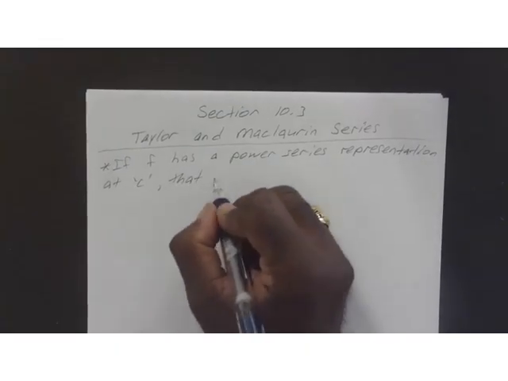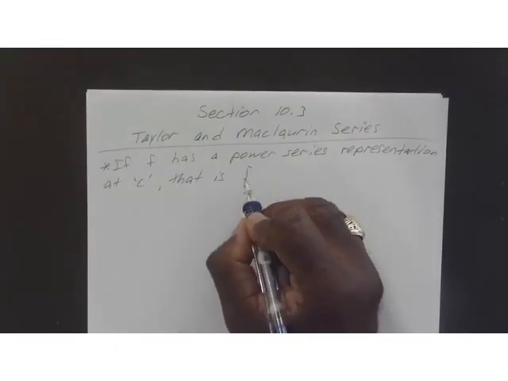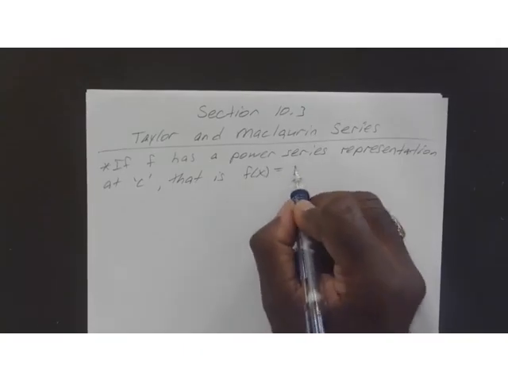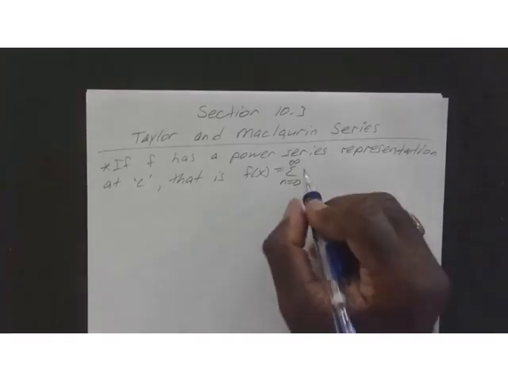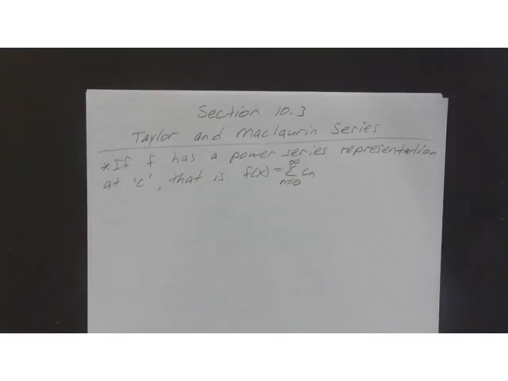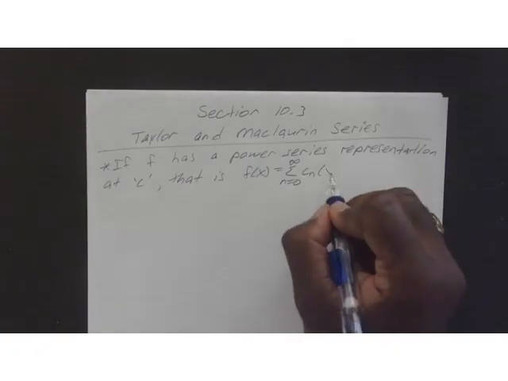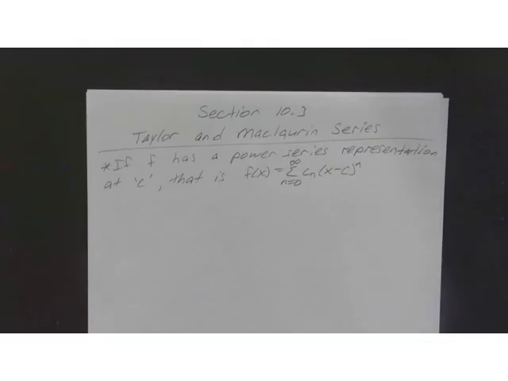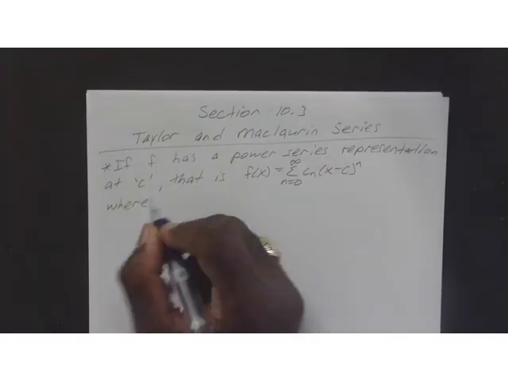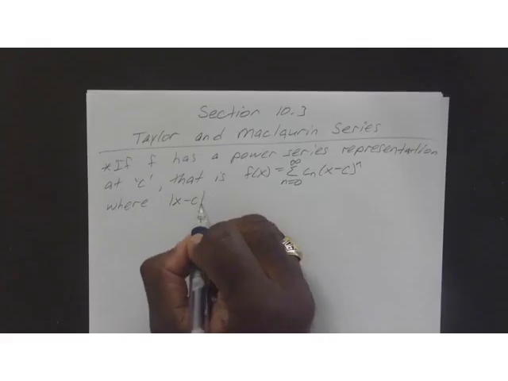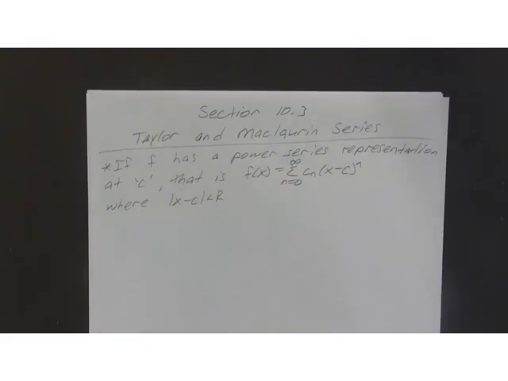So all that means is that it's in the form of f of x is equal to the sum from n equals 0 to infinity of our coefficient c sub n times x minus c to the power of n, where we know that the absolute value of x minus c is less than r, where r is our radius of convergence.